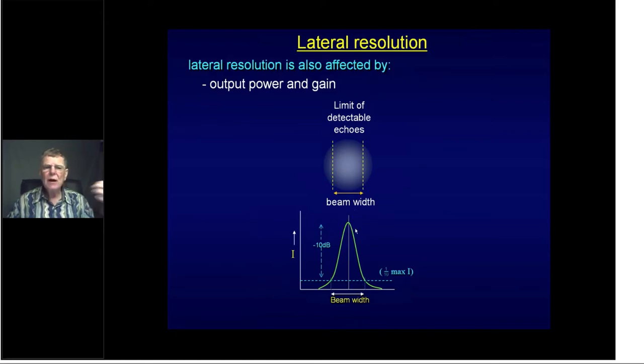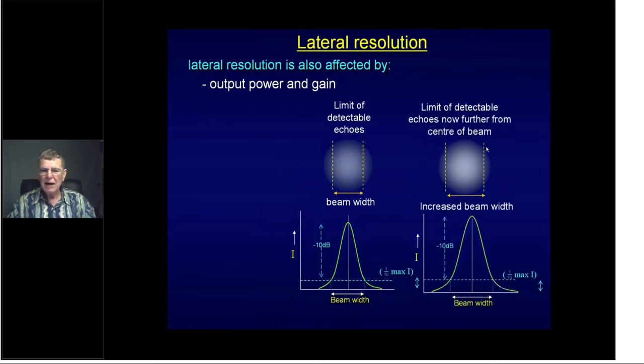Now, when you amplify the echo more or produce it bigger by increasing the power, it becomes brighter. It also spreads out this bell curve. So yes, the amplitude's bigger, but it also spreads it out sideways as well. And therefore, the beam width will become a little wider here than it is over there.